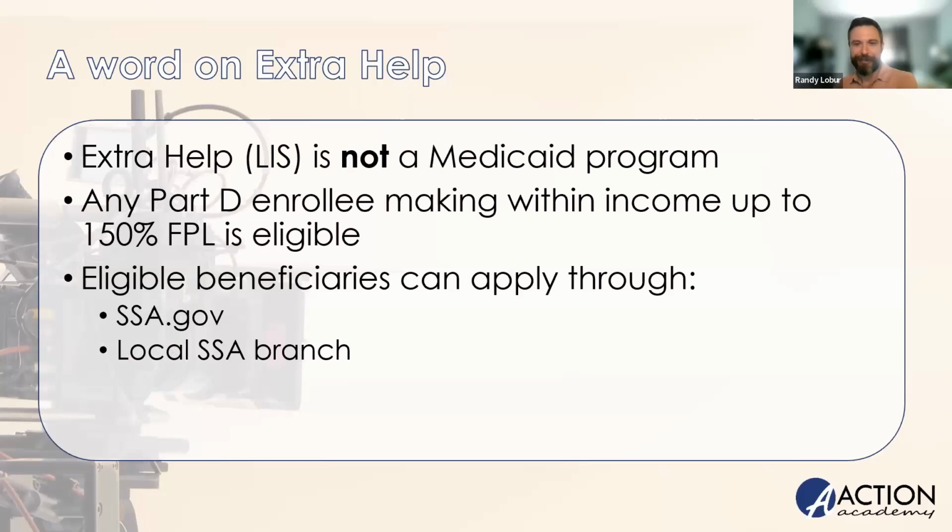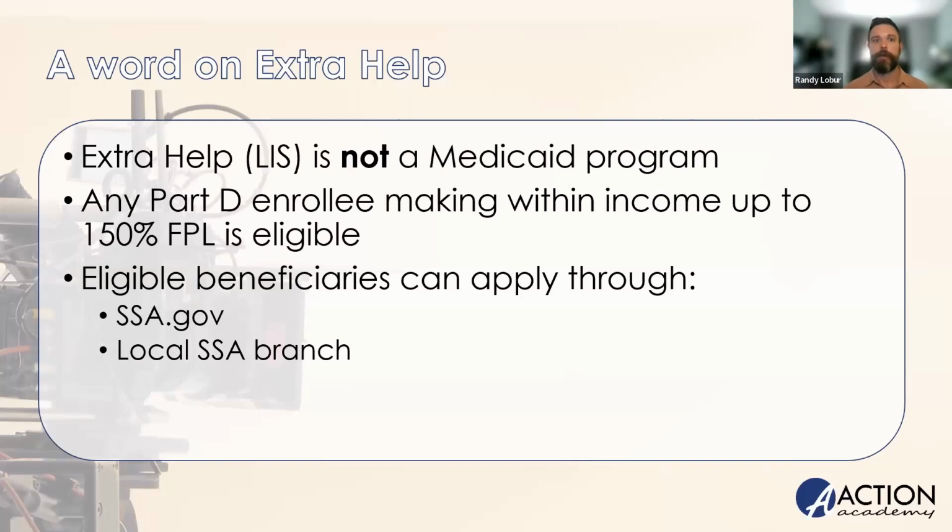Speaking of Extra Help, capital E, capital H, I should point out again that it's not a Medicaid program. Any Part D enrollee that has income up to 150% of FPL is eligible for Extra Help, and beneficiaries apply for that program through either ssa.gov or their local SSA branch.